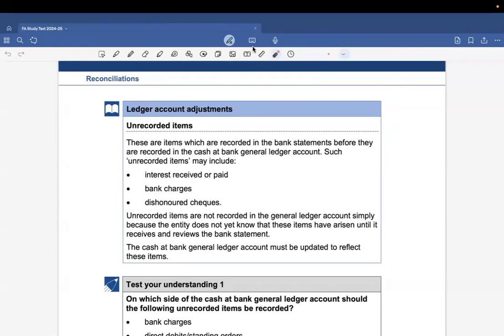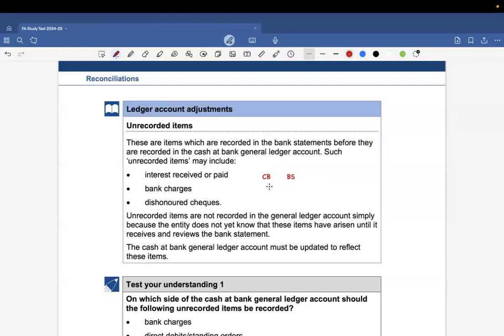So suppose you have two things, the cash book and the bank statement. Interest is being credited to your bank, but you don't know such interest has existed because you haven't taken a bank statement for a while.